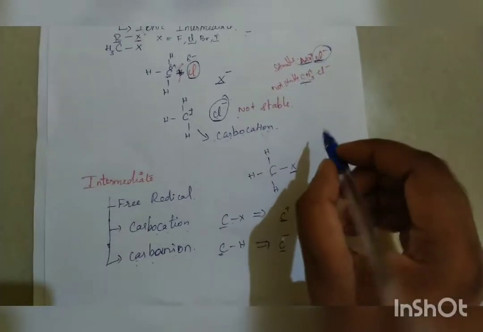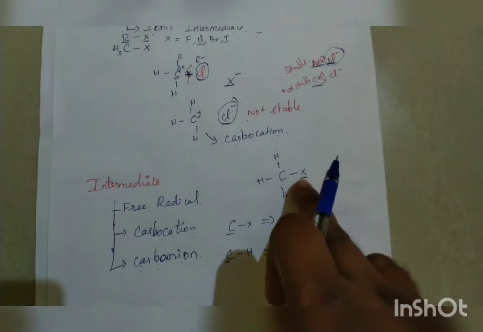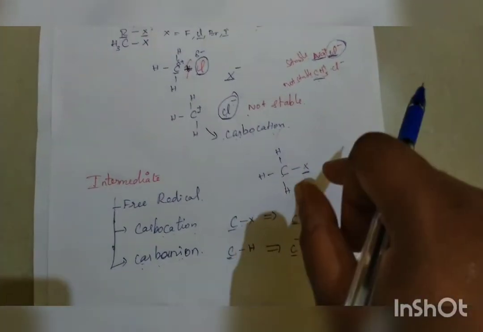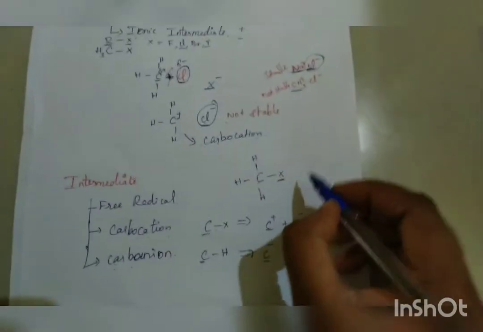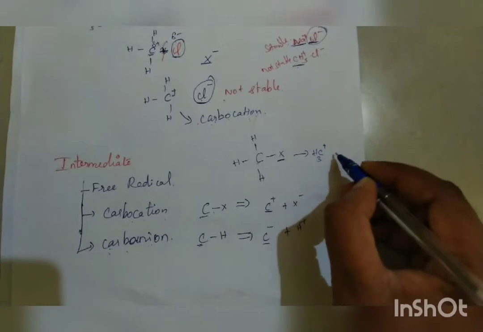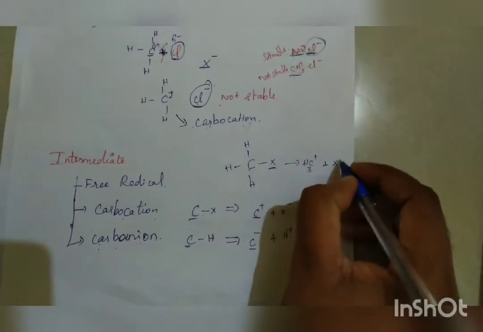We should compare it to carbon. X is the most electronegative. That's why it becomes CH3 plus, X minus.